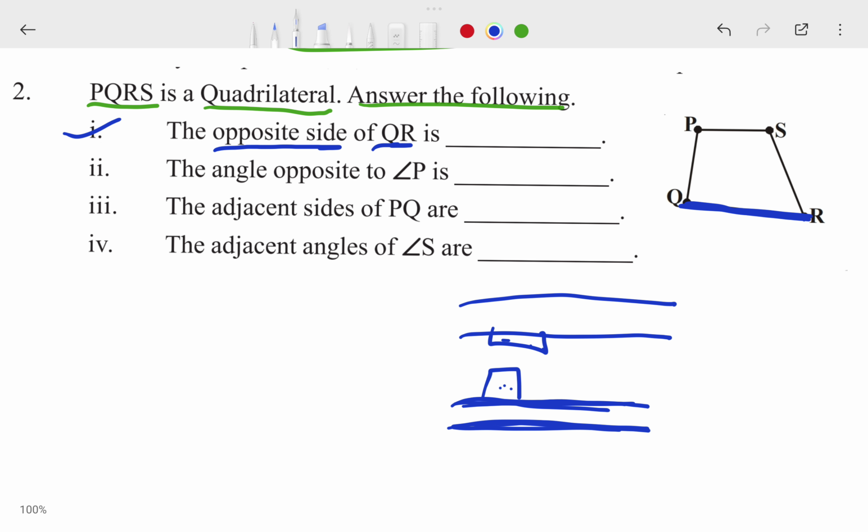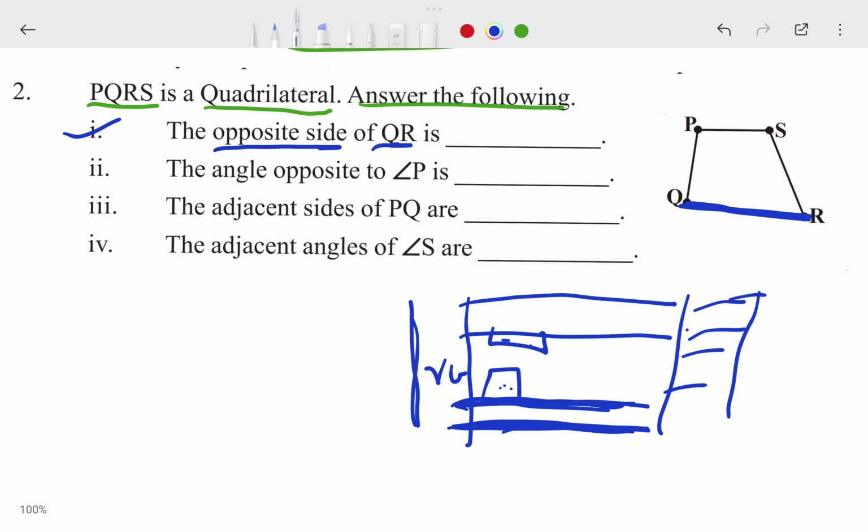If someone asks you where your friend lives, you will say, my friend lives opposite to my street. Now let's suppose this is a main road, and this is like a station. This is your street and this is your friend's. So you will say, my friend lives opposite to mine. So this is opposite.